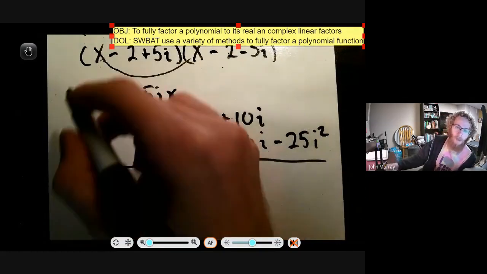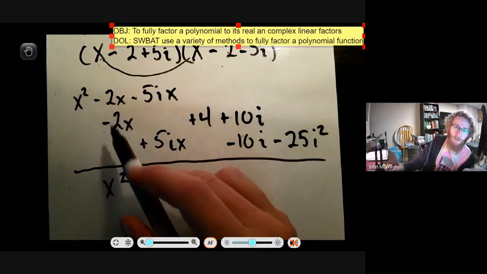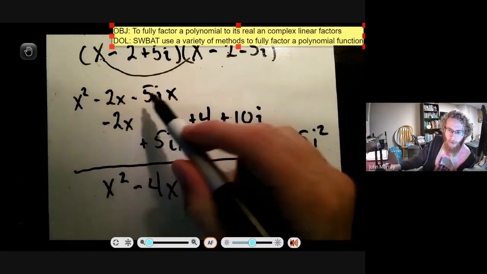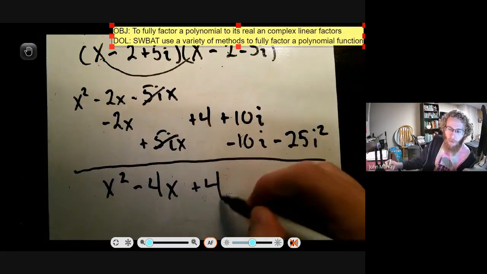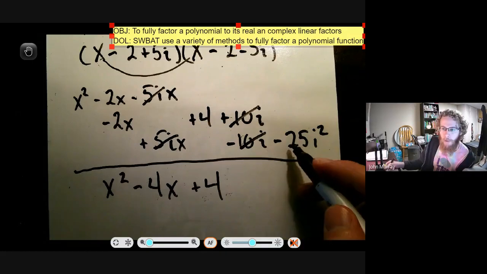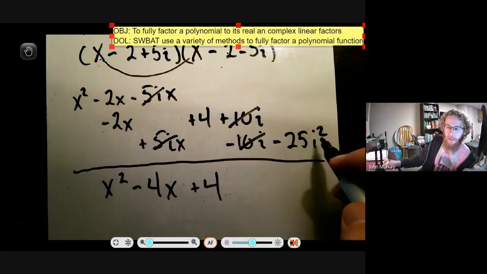Now we simplify. There's only one x squared, so that's going to stay x squared. -2 plus -2 is -4x. These are eliminated. Plus 4. These are eliminated. Now this -25 has the i squared there.